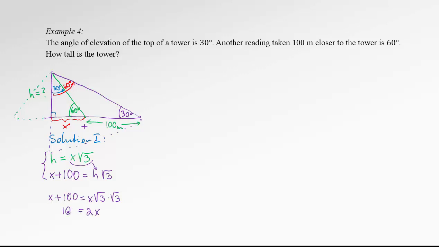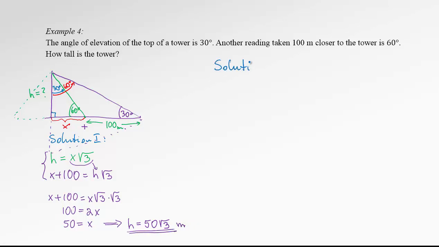Therefore, x by itself is just 50. 100 divided by 2, it's 50. So we already know this distance. This distance is 50. But we are after the height of the tower. Therefore, let's go back to our substitution, and the height of the tower is x, which is 50, root 3. That's the exact answer. That's our height in meters.